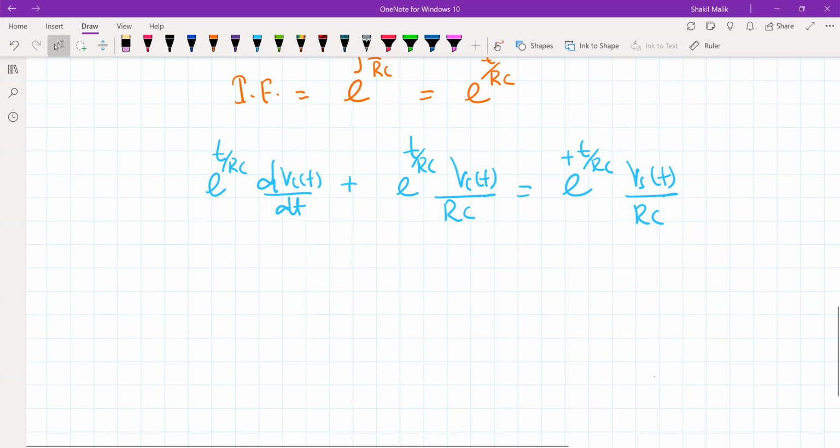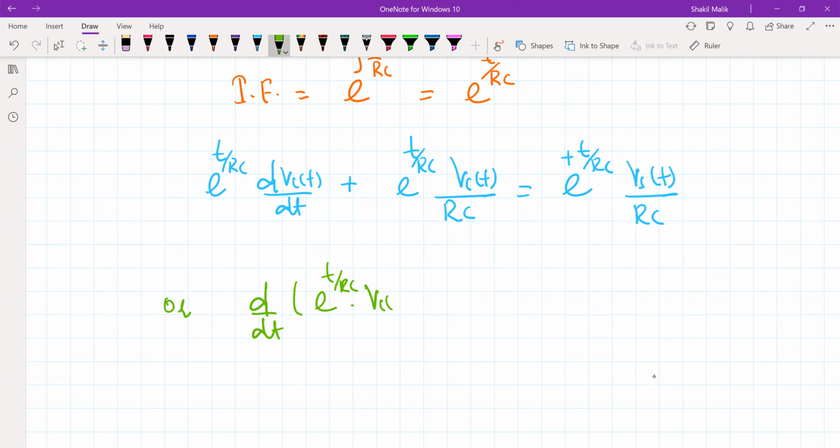Now have a look at the left hand side of this equation. We can write it as the differentiation of e to the power of t by RC Vc(t).